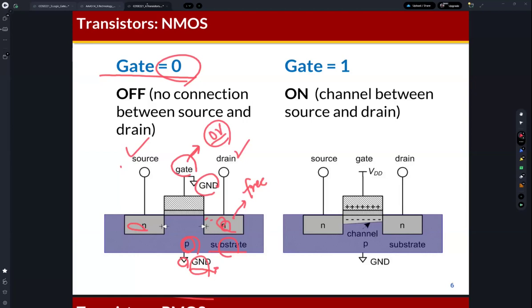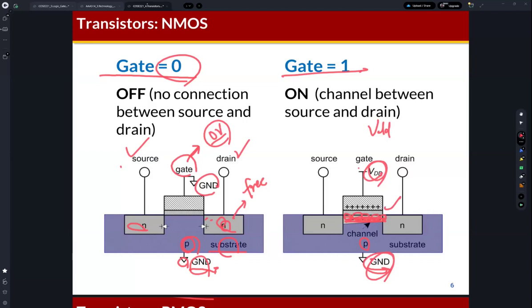Understand? But if the gate becomes 1, this becomes the high voltage, okay? And this is the ground. So we can observe a voltage difference between the gate and ground, like VDD is here and the ground is here. Then what will happen? So even though the P substrate has fewer free electrons, the free electrons can be gathered on the surface of this insulator.